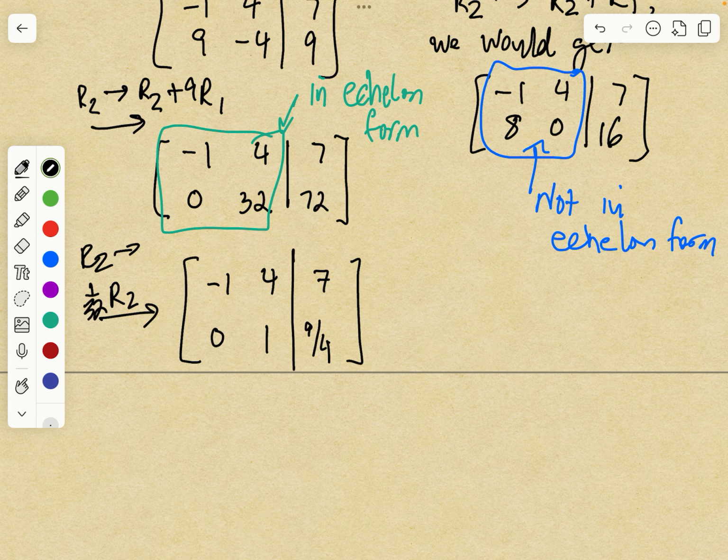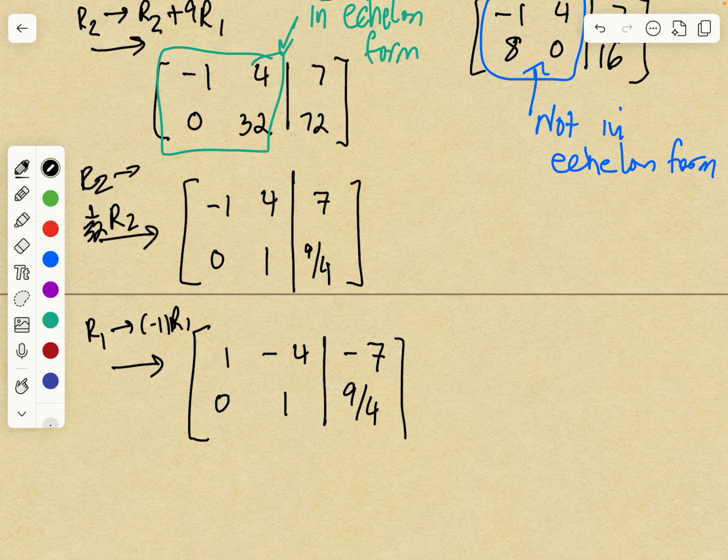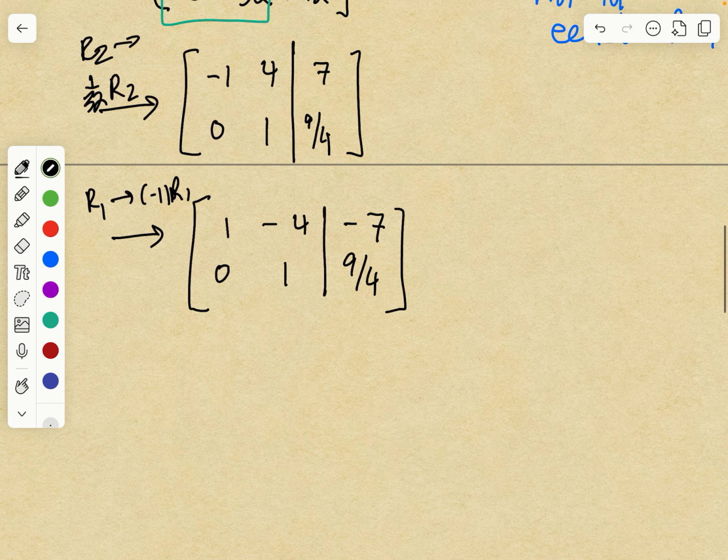expect. And then the next step is, I guess we could have made the pivots equal to 1. So you would divide row 1 by -1. Multiply row 1 by -1, that gives you this. We could have done that first, actually, before. The point is to get the pivots to be 1.